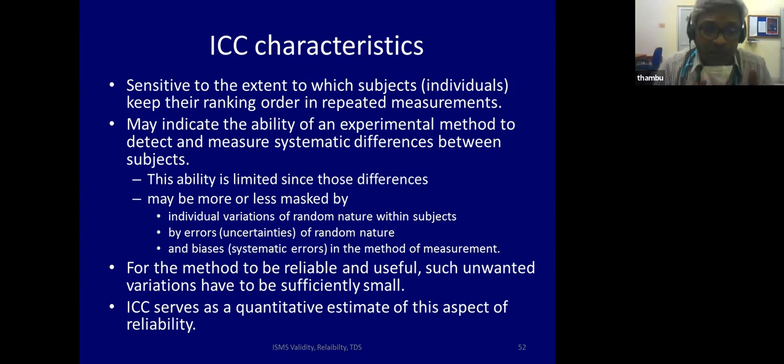These are all variations that can lead to problems with intra-class correlation. For the method you're using to be reliable and useful, such unwanted variation should be sufficiently small. So ICC serves as a quantitative estimate of this aspect of reliability.